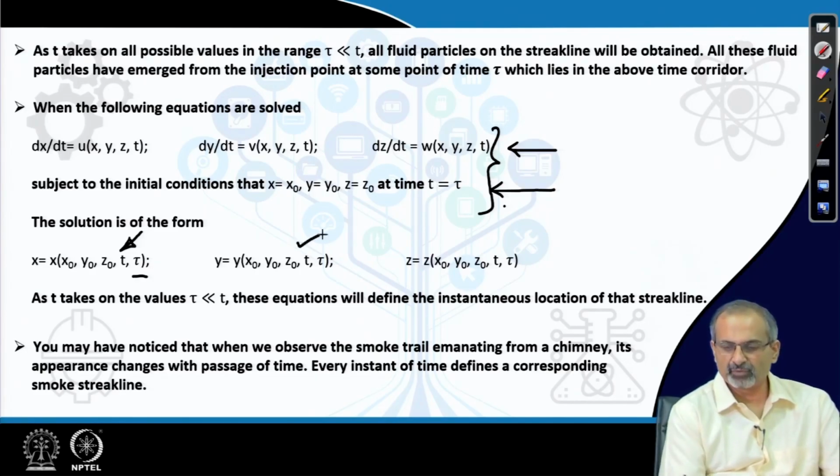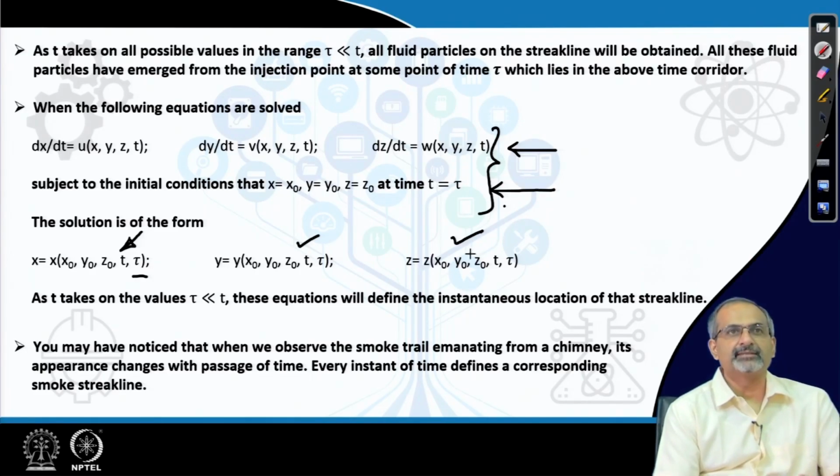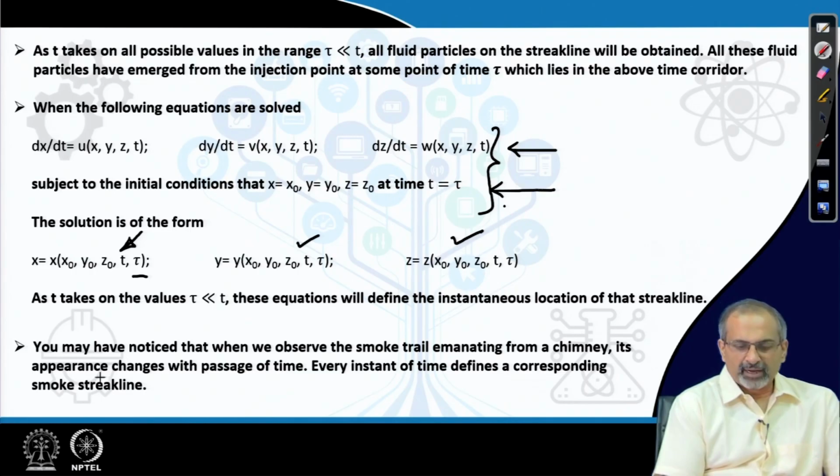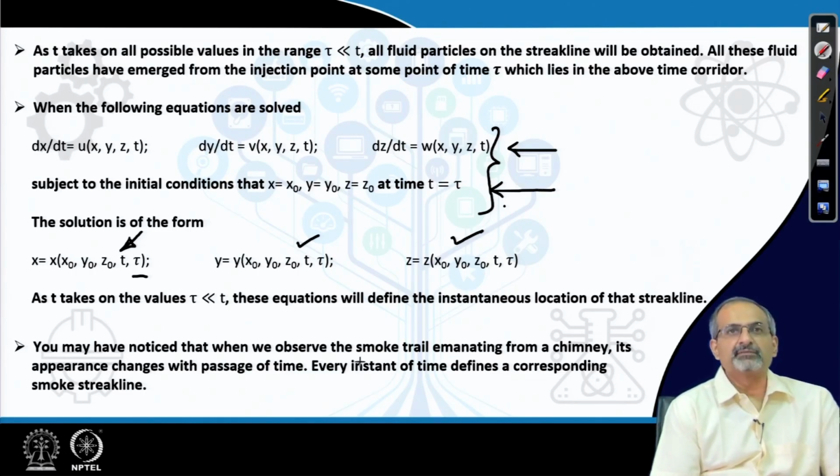The same is for y and z. As t takes on the values tau less than or equal to t, these equations will define the instantaneous location of that streak line. You may have noticed that when we observe the smoke trail emanating from a chimney, its appearance changes with passage of time. Every instant of time defines a corresponding smoke streak line.